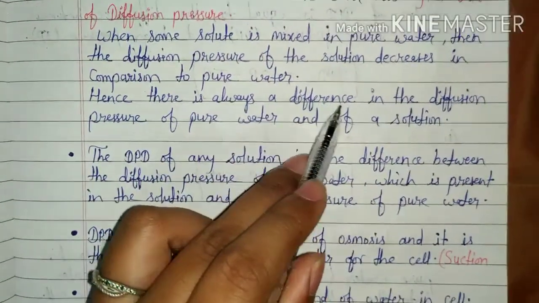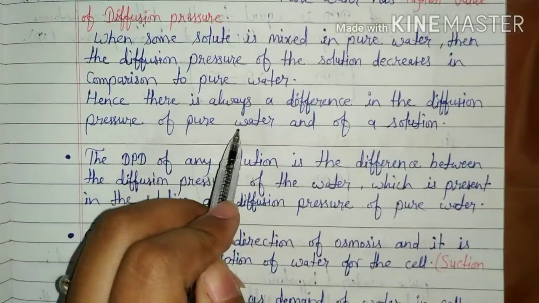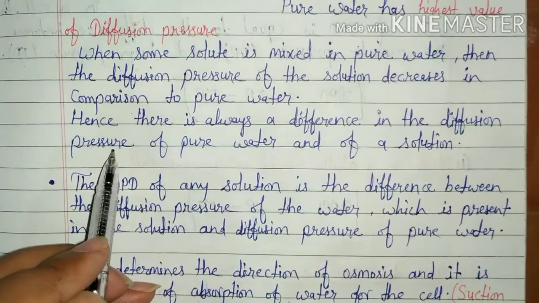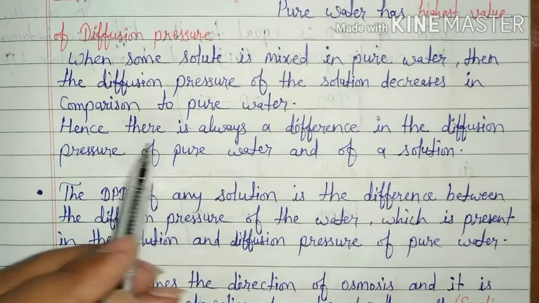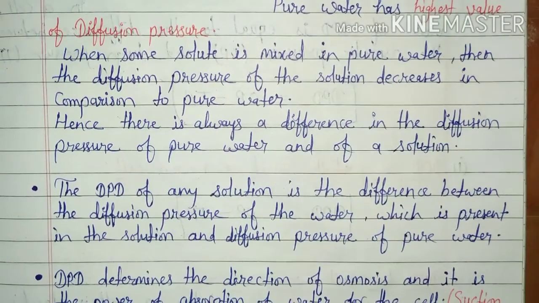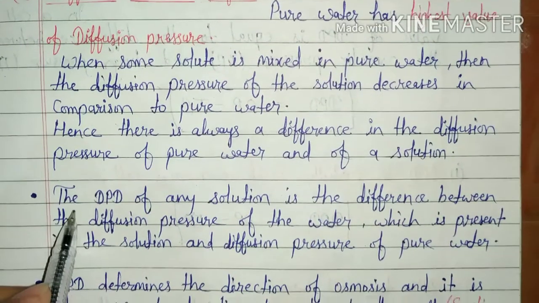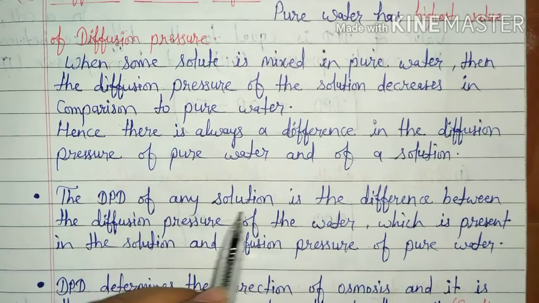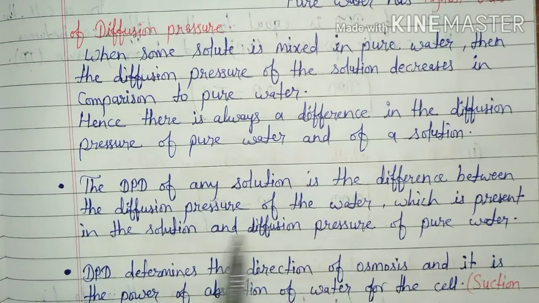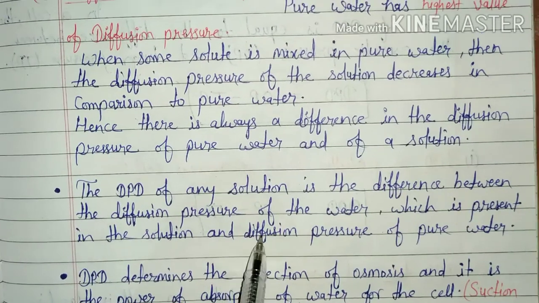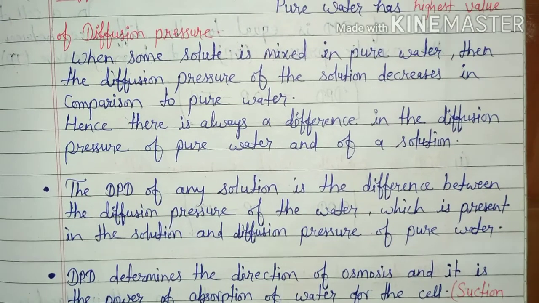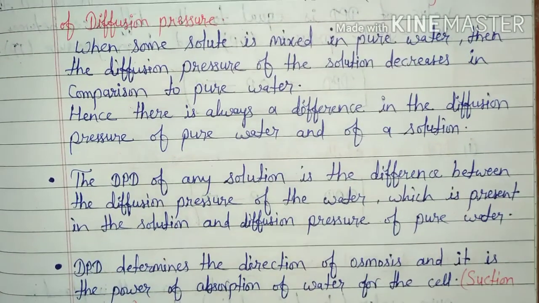Hence, there is always a difference in the diffusion pressure of pure water and of a solution, because the diffusion pressure of pure water is high and the diffusion pressure of a solution is low. The DPD of any solution is the difference between the diffusion pressure of the water present in the solution and the diffusion pressure of pure water. It's called diffusion pressure deficit.